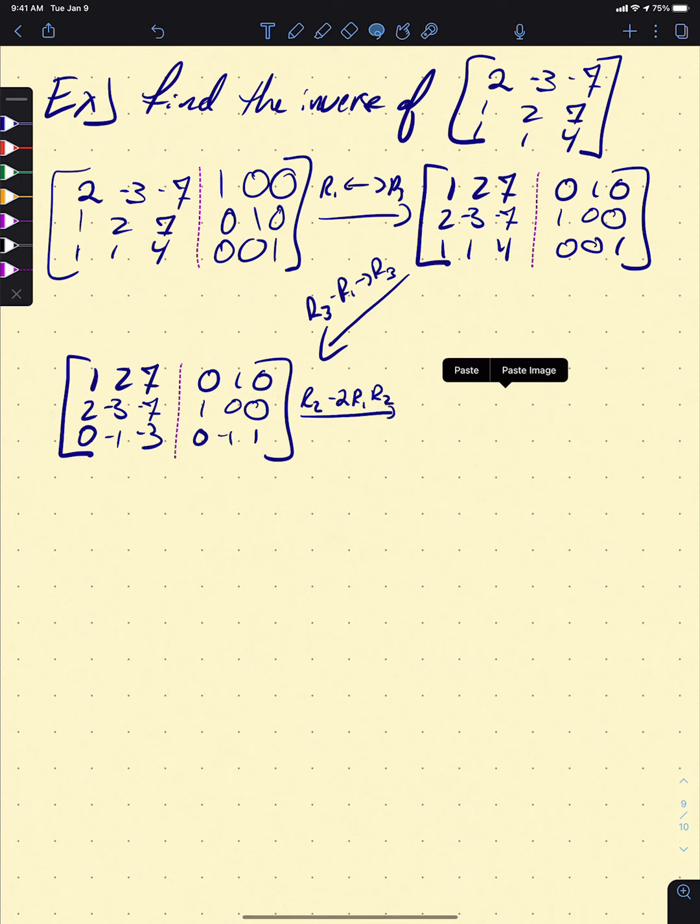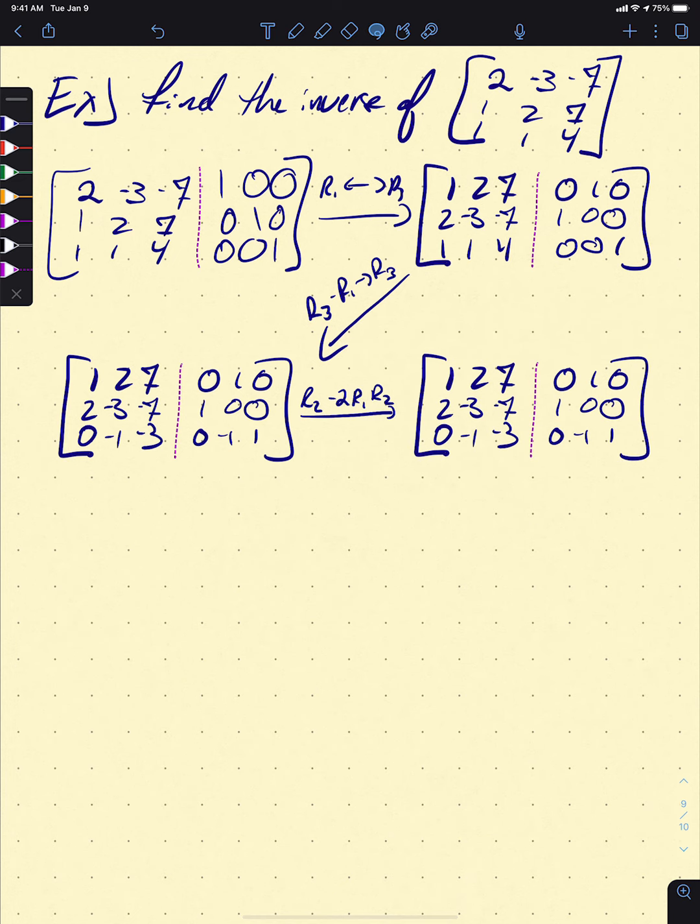We copy our matrix over. We're changing row 2, so we need to erase it, right? And what do we get? Well, we're going to get 2 minus 2 for 0, which is exactly what we wanted, right? We're going to get minus 3 minus 4 for -7.